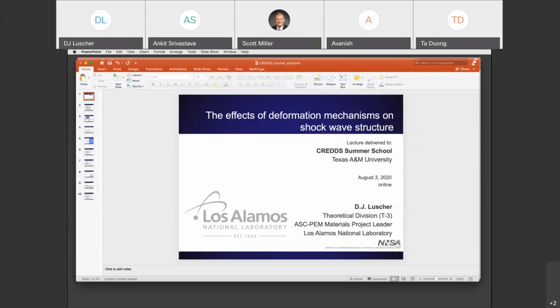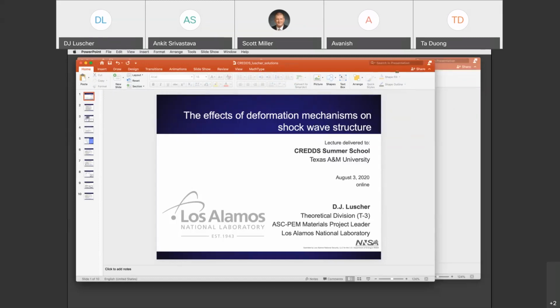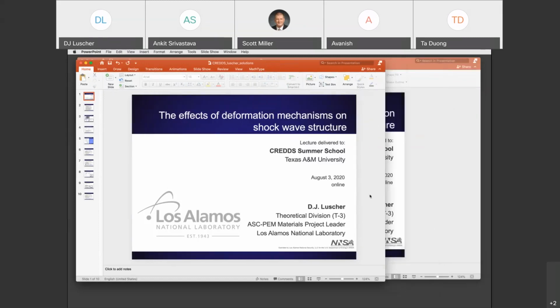Good afternoon, everybody. I just have a question about the shockwave deformation in macro scale, and I'm thinking about the huge explosion in Beirut last Tuesday. Everybody saw a huge blast wave in the air after the explosion, and my question is, is that blast wave also the shock wave?